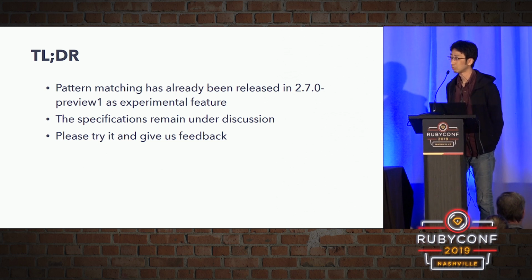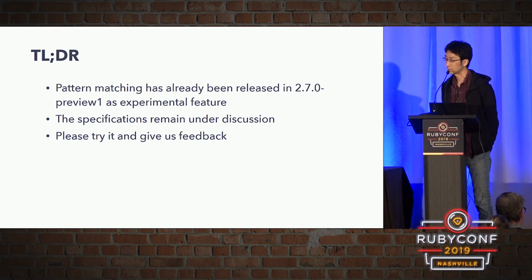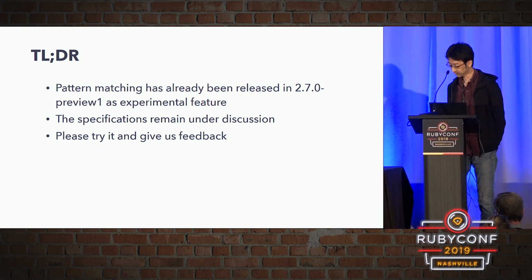We are trying to collect real use cases so that we can use them and provide some convenient syntax. So I would really appreciate it if you could try it and give us feedback.